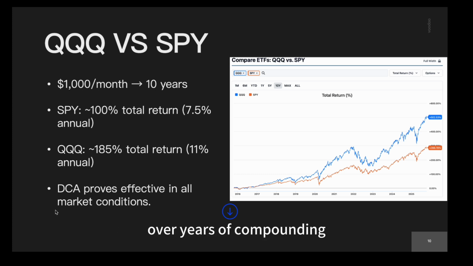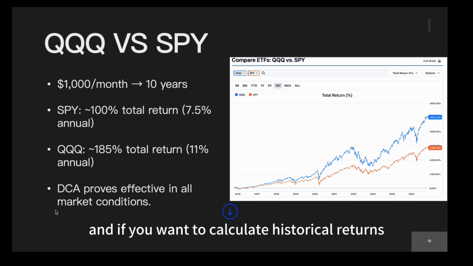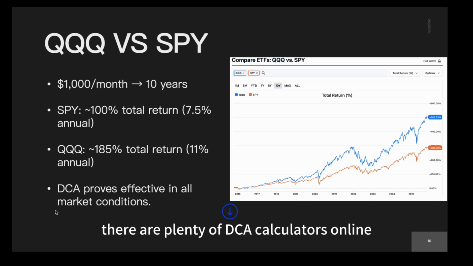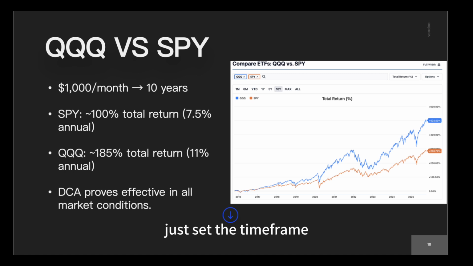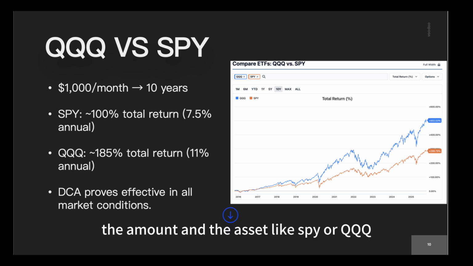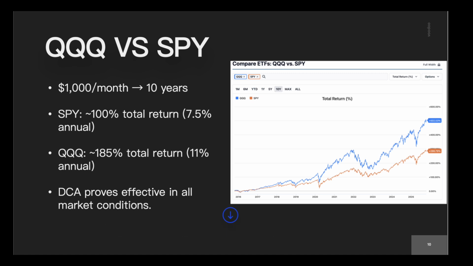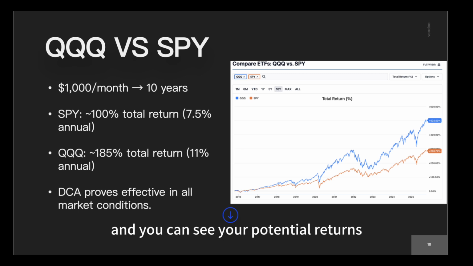Over years of compounding, and if you want to calculate historical returns, there are plenty of DCA calculators online. Just set the time frame, the amount, and the asset like SPY or QQQ, and you can see your potential returns.